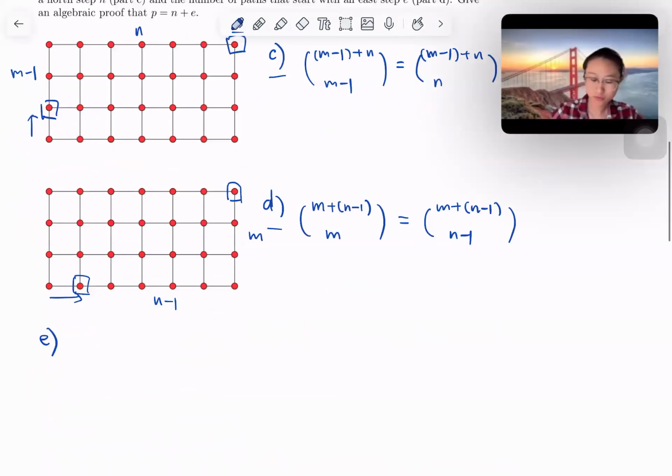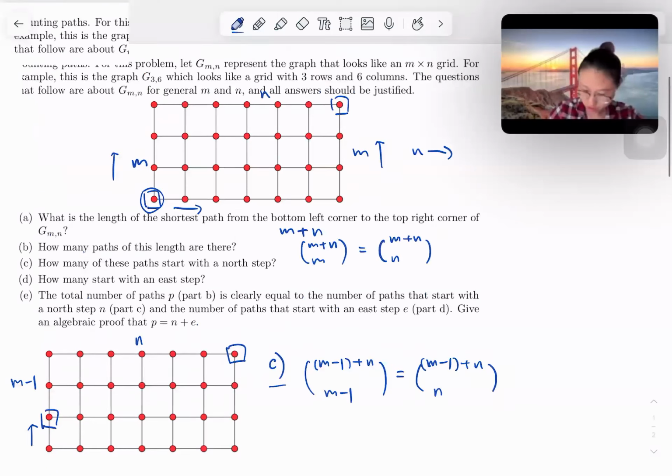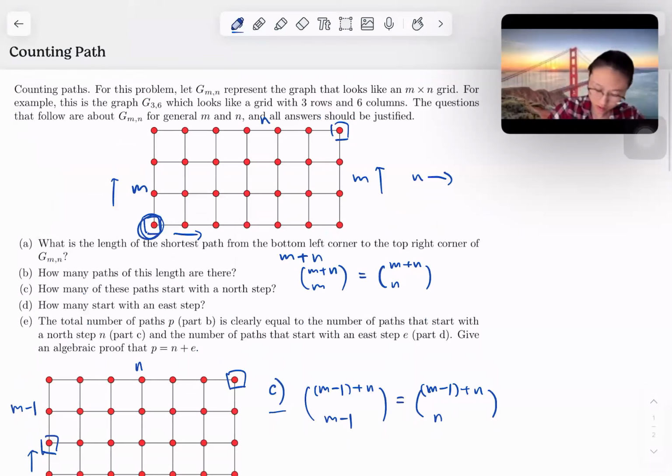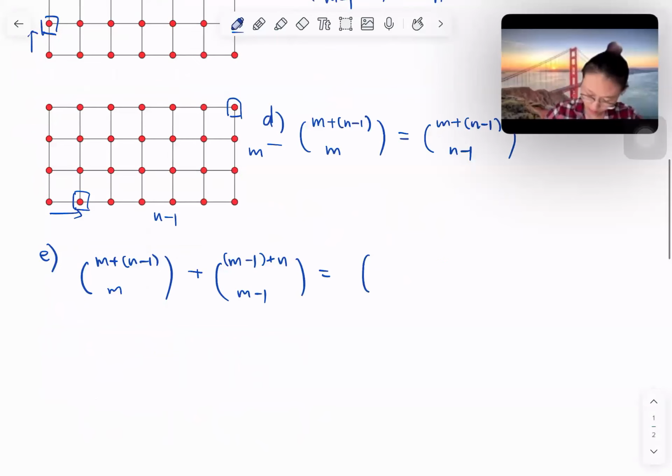If we add these two situations together, it should equal the number of paths from the bottom left corner to the top right corner, which is choose n from n plus n, the total steps.